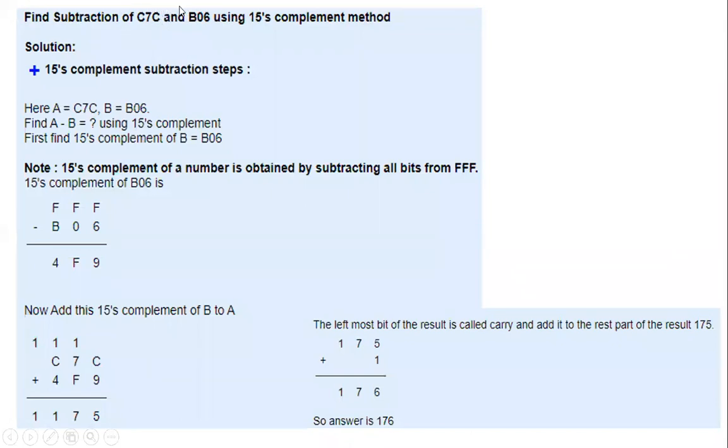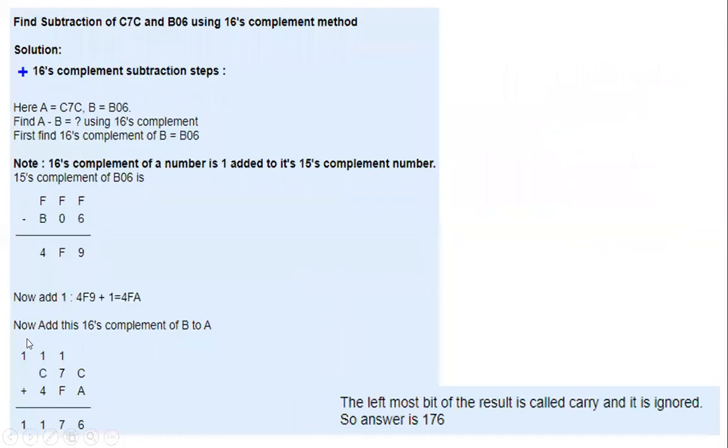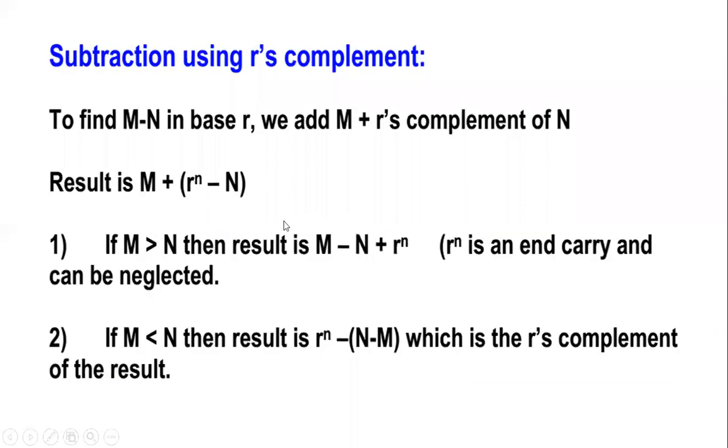Did we consider the carry or ignore the carry? We ignored the carry. So the same thing is replicated over here. If the first number is greater than N, the result is M minus N plus R to the power of n. So minus N represents the complement and we are ignoring the carry.